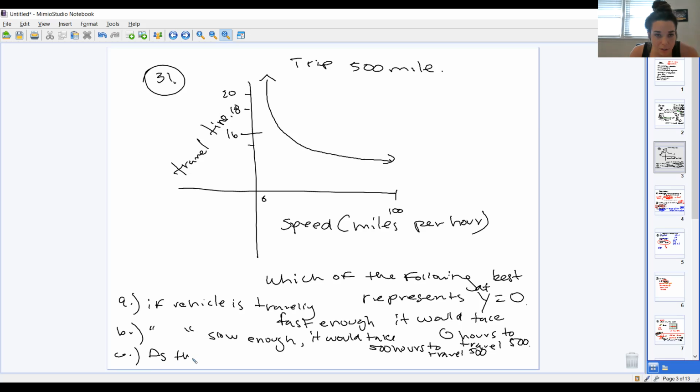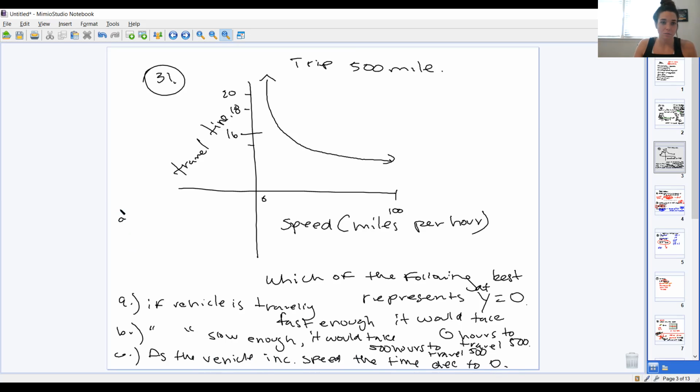Or C, as the vehicle increases speed, the time decreases to 0.